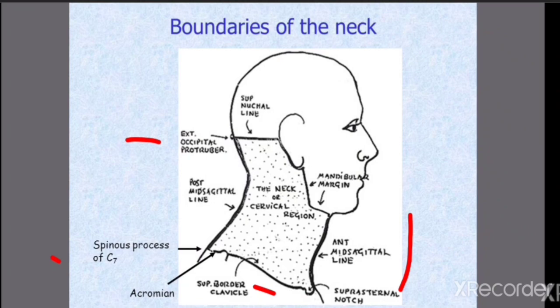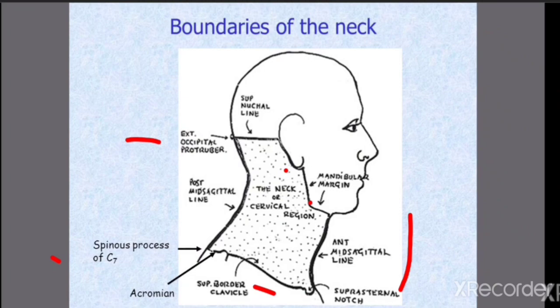And above we can see there is the superior nuchal line, then an imaginary line from the angle of the mandible up to the mastoid process. So over here we have the angle of the mandible, and over here we have the mastoid process. Then the lower margin of the body of the mandible.